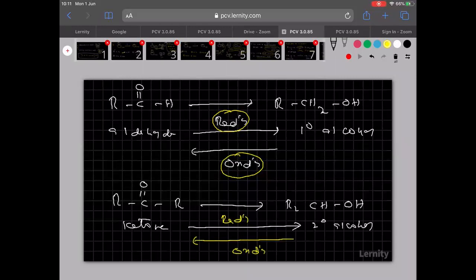Ketones on reduction give secondary alcohol. But remember, in the case of ketones, we have to use a strong reducing agent like lithium aluminum hydride only. Hope you are able to understand this one.